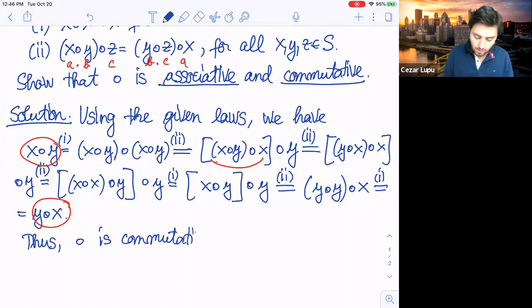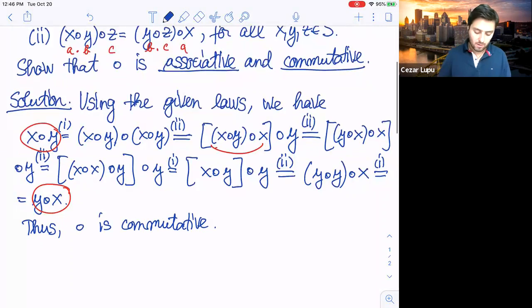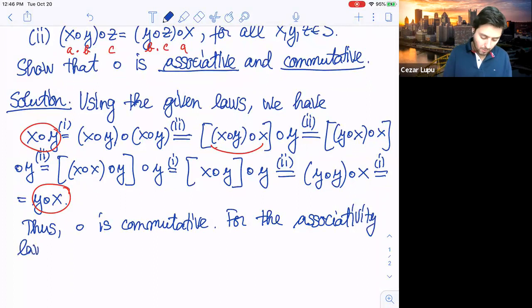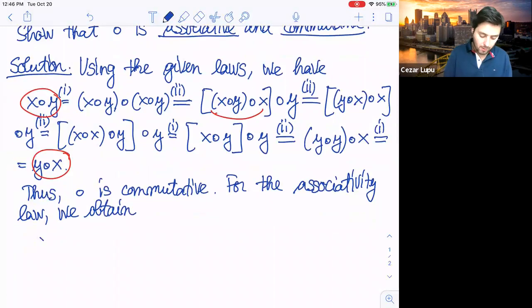So we have commutativity, but now we have to show associativity, the associativity law. We start with x circ y, everything circ z.